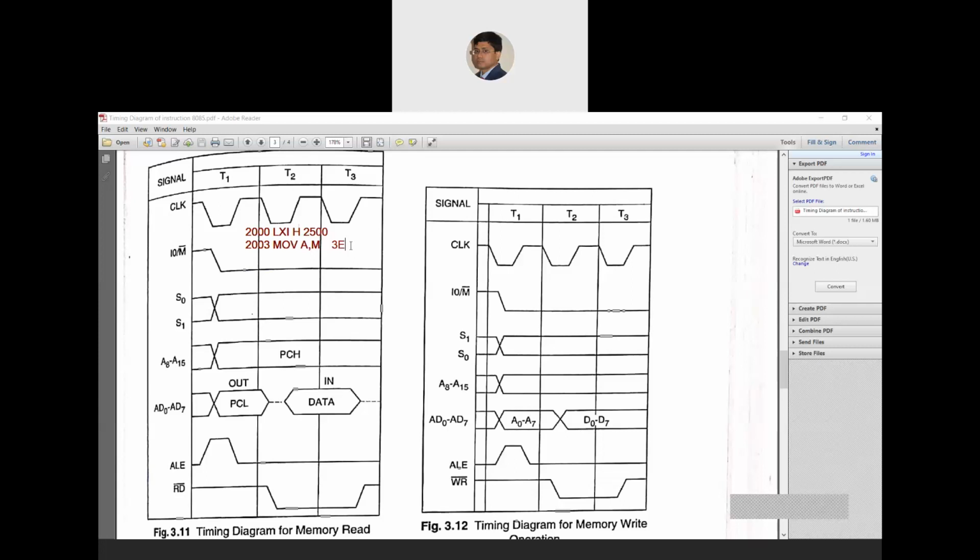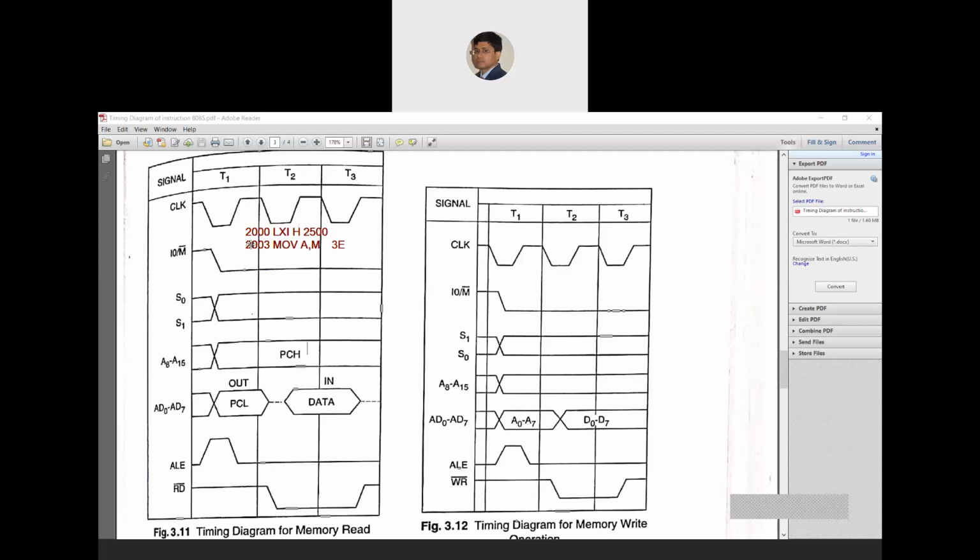Then the next operation is your memory read. So in case of memory read, you have to draw this diagram. Now you tell me what is the value of PCH, because you are right now executing this instruction MOV A comma M, and your program counter value was 2003.